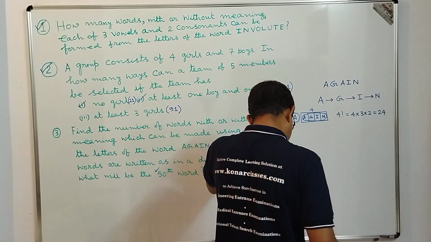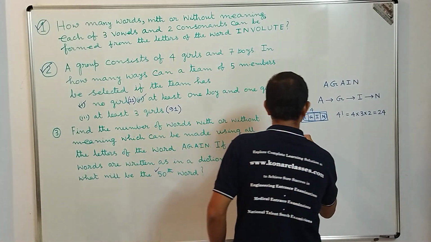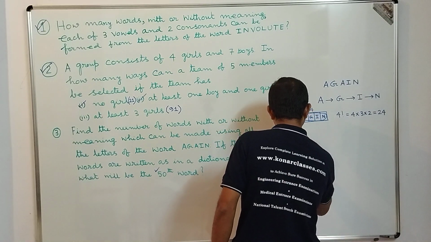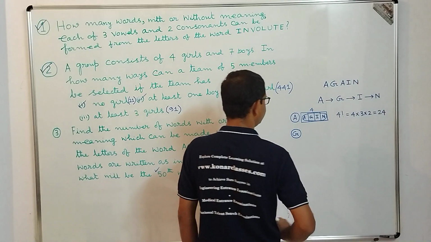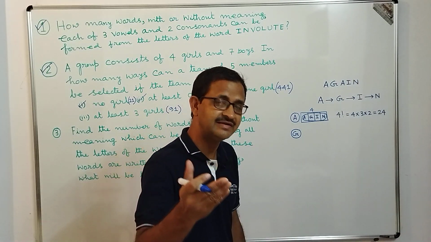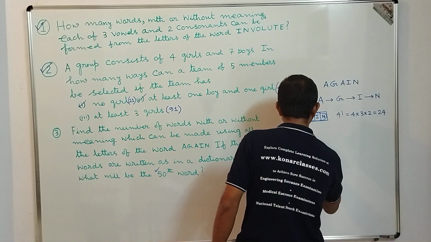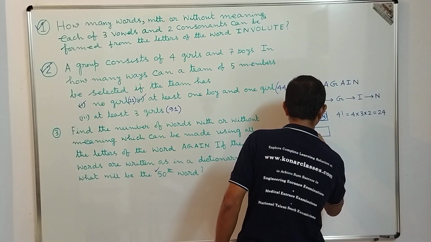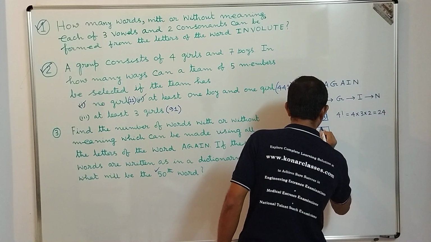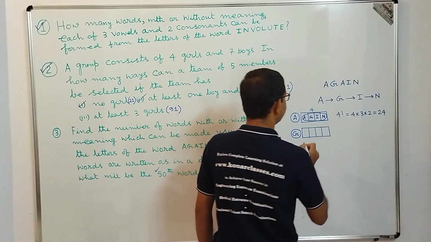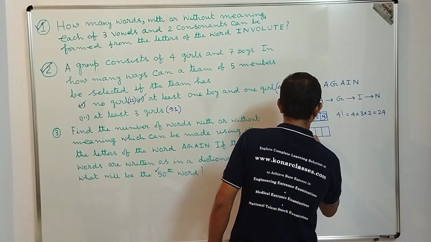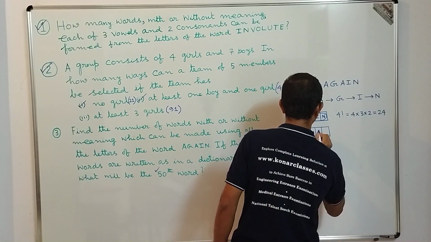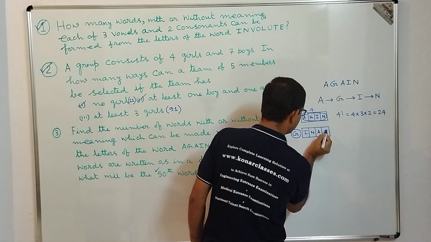After A, what comes? After A it comes the G. Now if we fix the first letter of the word as G, that means the words starting with the letter G, then we get 4 placeholders. In these placeholders one should be I, another N, then there are A and A, because there are 2 A's.